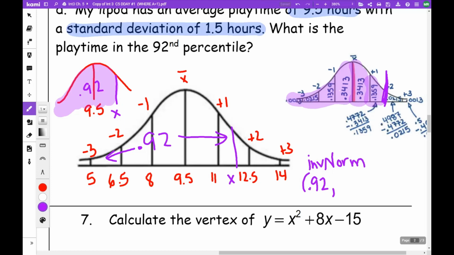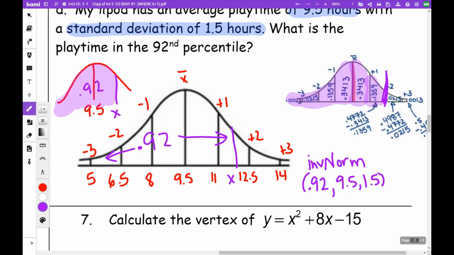And then our mean is 9.5 and our standard deviation was 1.5. And I hopefully am going to be getting something in between 11 and 12.5. So let me put it in my calculator. 0.92, 9.5, 1.5.